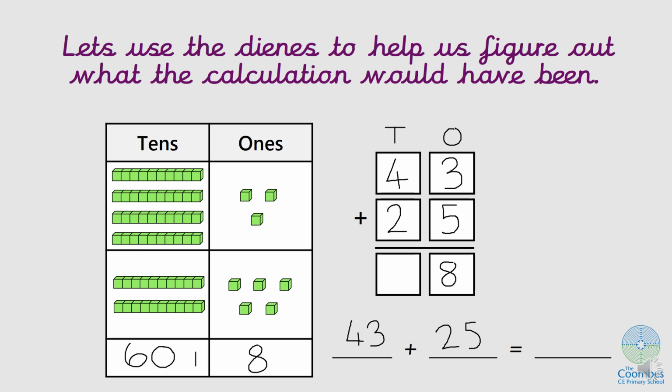And 60 add 8 is 68. And just finishing off that column addition as well, we've got 4 tens, add 2 tens is 6 tens. And that's your column addition completed as well.